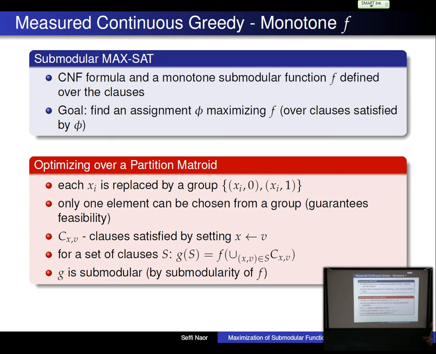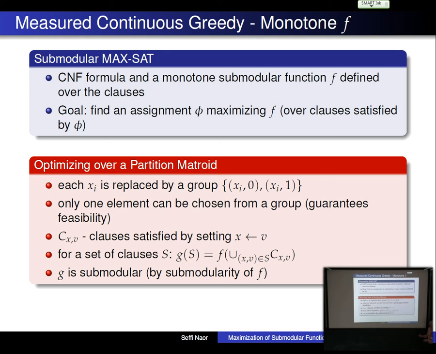And if we define C(x,v) as the clauses satisfied by setting the variable x to be equal to v, then given a set S, the function g of S is just the function f of the union over all (x,v) in the set S. In terms of defining the submodular function g, we can set a variable to both 0 and 1.